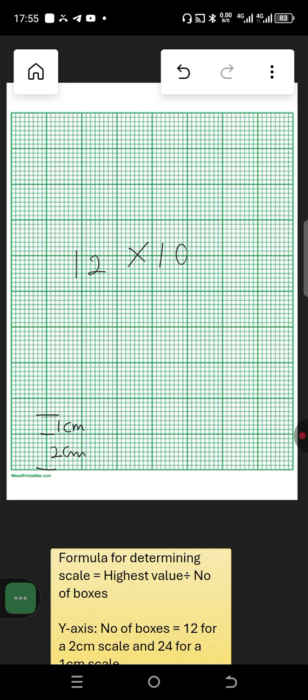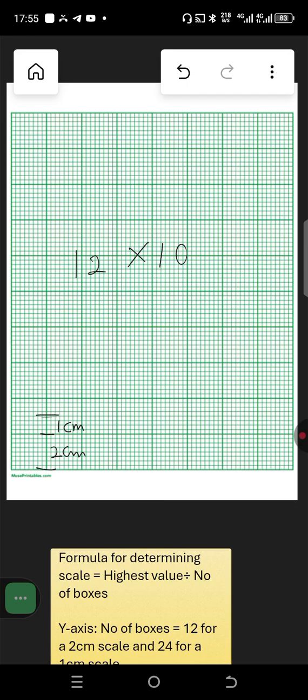But in this particular class, even in your typical physics experiment graph, it's important that you make up your mind that if you are plotting the graph, you are just going straight for 2 centimeter. Don't bother yourself about 1 centimeter because of the range of values that we typically have.